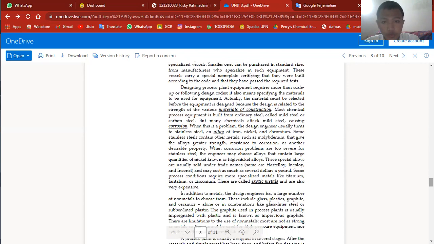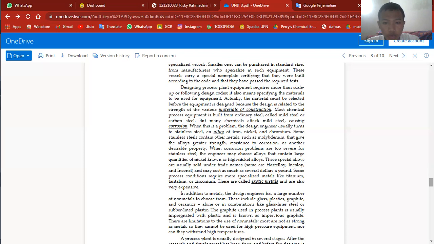Designing process plant equipment requires more than scale-up or following design codes. It also means specifying the materials to be used for equipment. Actually, the material must be selected before the equipment is designed because the design is related to the strengths of the various materials of construction. Most chemical process equipment is built from ordinary steel called mild steel or carbon steel, but many chemicals attack mild steel, causing corrosion.